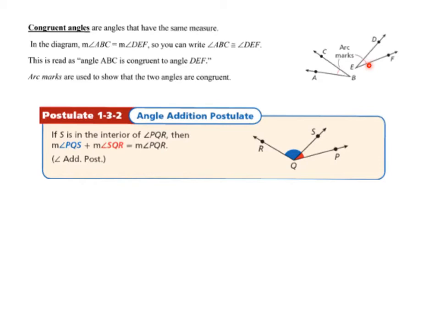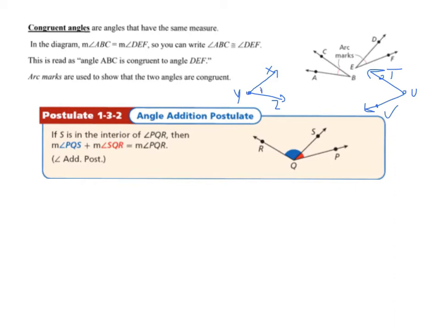Now, if I had two other angles, so let's say I had angle XYZ and angle TUV. If I had these angles and they were congruent to each other, but not congruent to ABC and DEF, I would have to use a different arc mark.